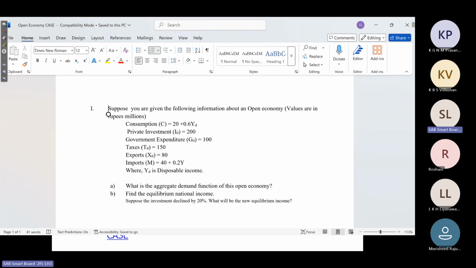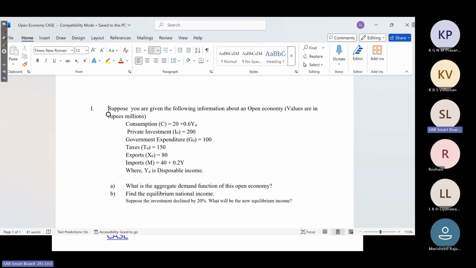Earlier investment is 200, change is 40, so the new investment is 160. Substitute 160 into the model and you can find the answer. Otherwise, you can take the multiplier, delta y over delta I, the investment multiplier. What is that? Our model is lump sum tax, so 1 over 1 minus b.